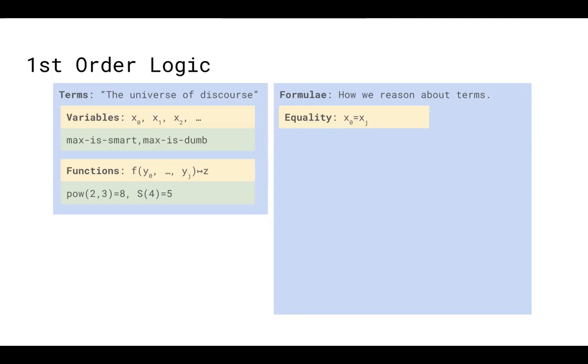Awesome. Thanks. Okay, on the other side, we have formulae, and formulae are things that are true or false. An example would be that we can say that two terms are equal. In this particular example, I just said that two variables are equal, but we could have more elaborate terms, like a function on a function on a function on some variables. We have predicates.